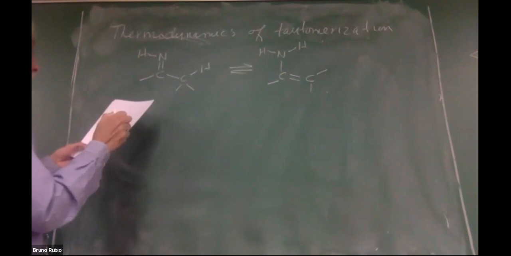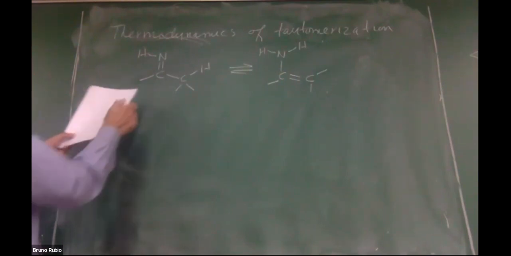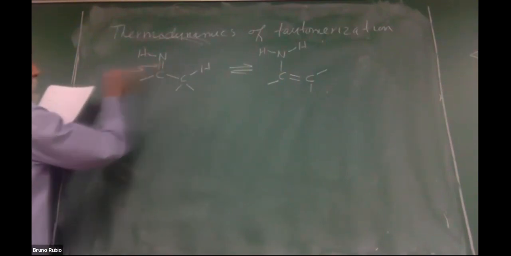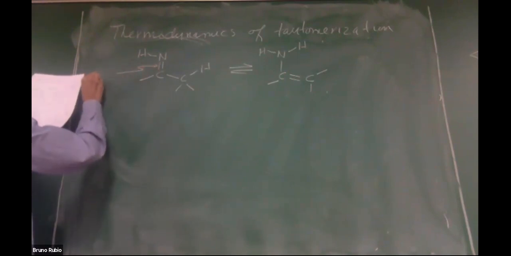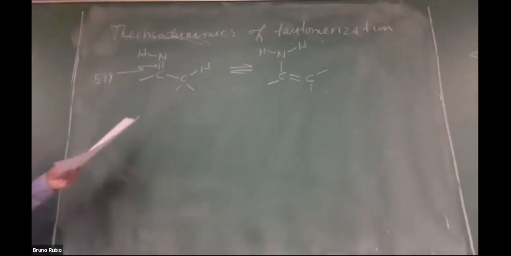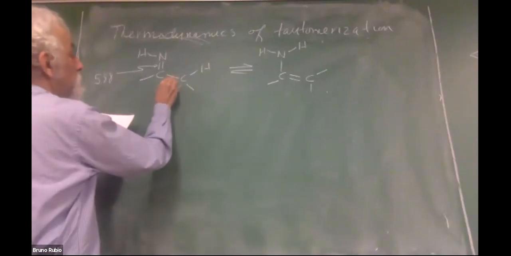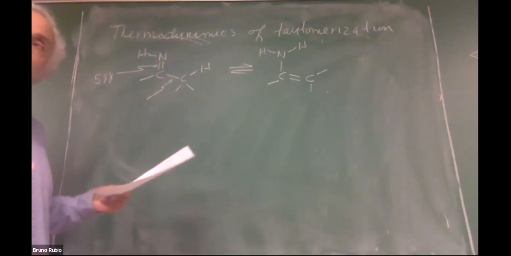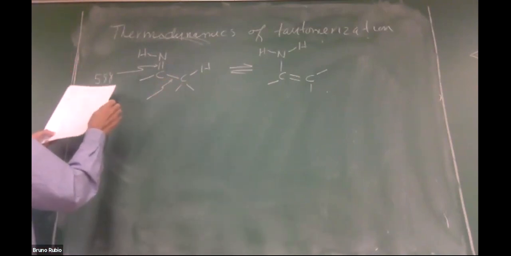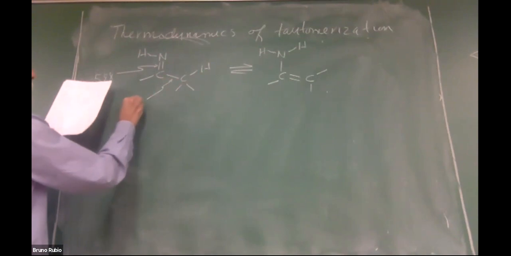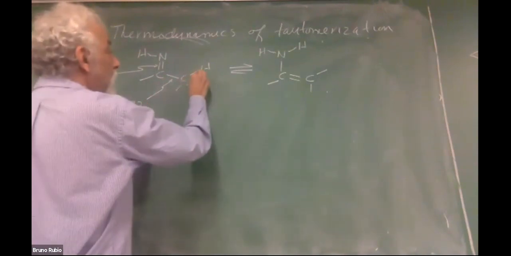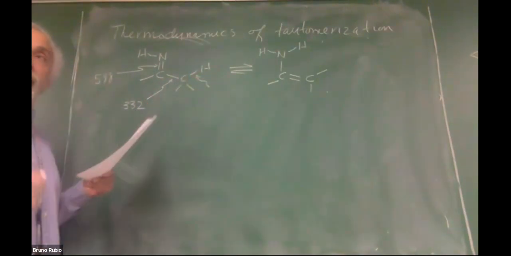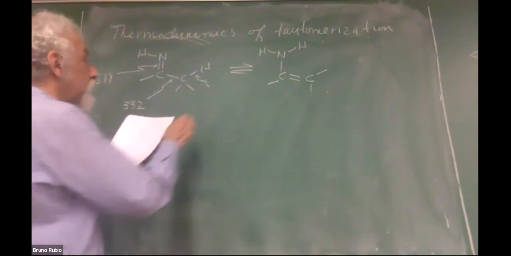Okay, and so now the data: this carbon-nitrogen double bond is worth 588. That got broken. This carbon-carbon single bond got broken. I don't see a carbon-carbon single bond in the tautomer. It was worth 332. This carbon-hydrogen bond got broken. I don't see a carbon-hydrogen bond in the product.